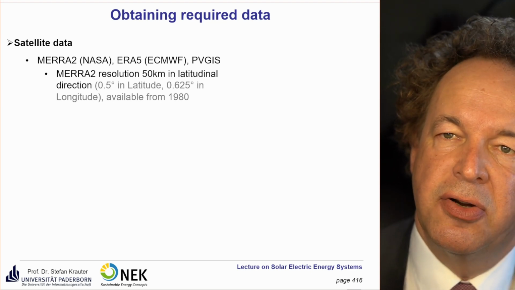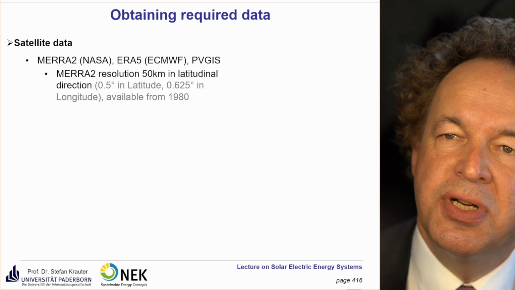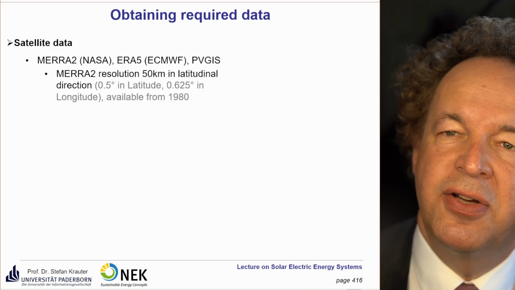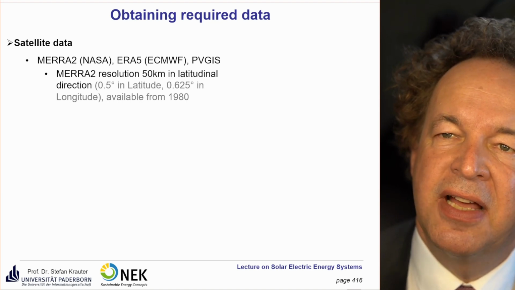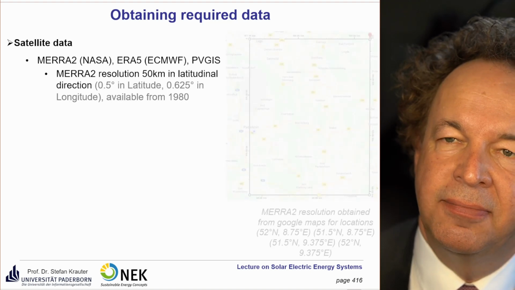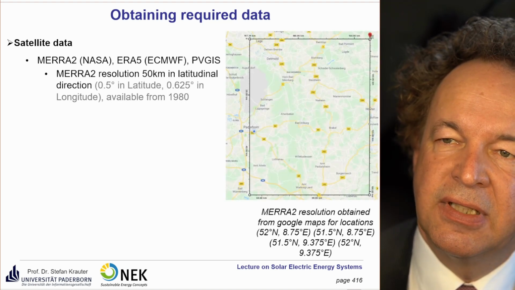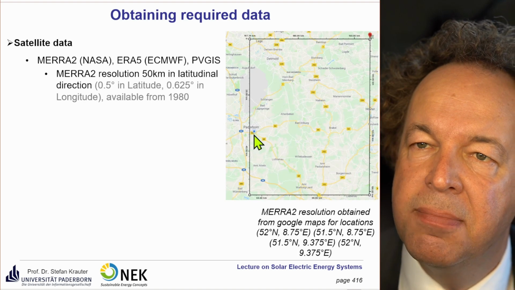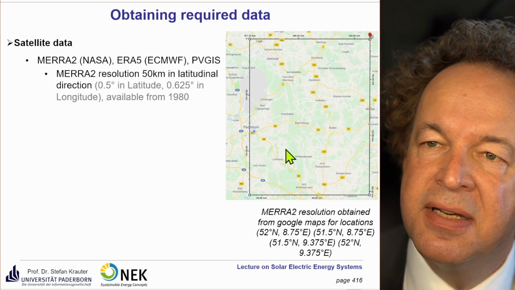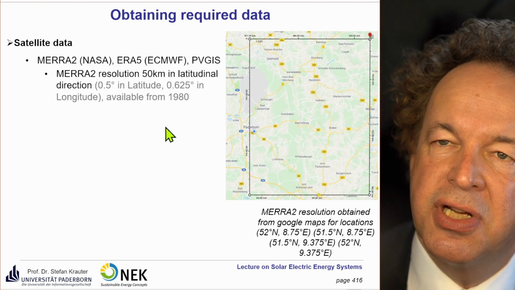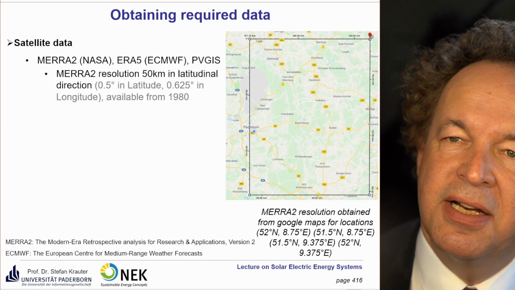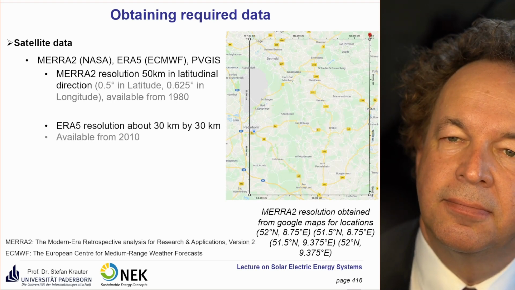So this is 0.5 degrees in latitude, 0.625 degrees in longitude. You have data there since 1980. The resolution here around Paderborn, here you see Paderborn, is 50 kilometers or 0.5 degrees in latitude.